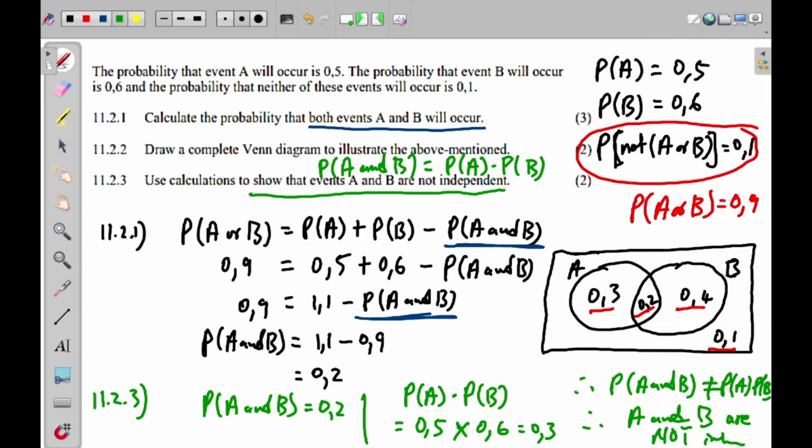Then you conclude that. So please, when dealing with questions like this, proving that something is not something or something is equal to something, you can never start with your conclusion. Please.